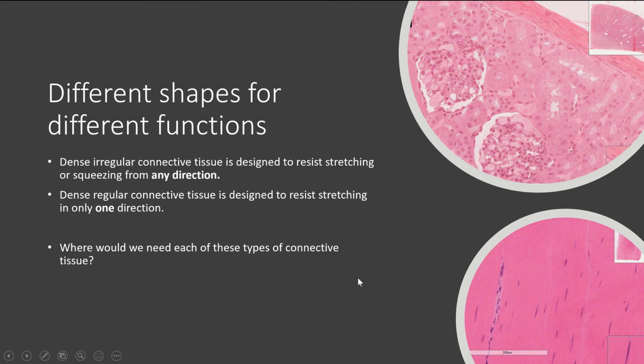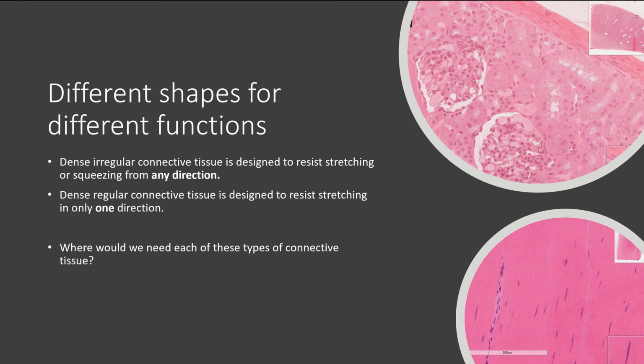Okay, and when we think of the functions for what dense, regular connective tissue would be useful for, right? So we've got all of this really tough, really stringy collagen all stretching in the same direction. What that would be useful for is in things like tendons, like ligaments.